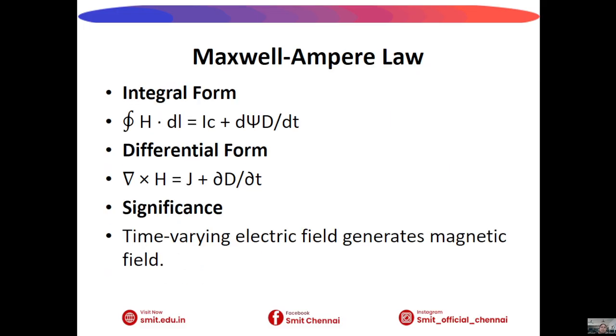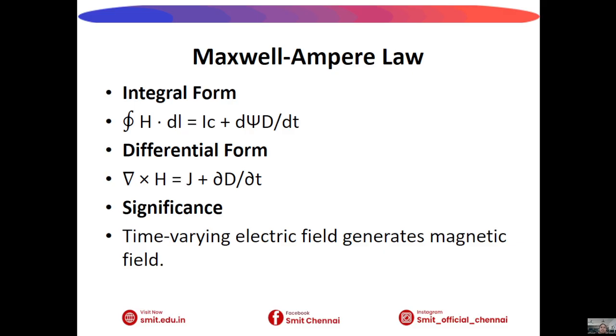Next, we see about the Maxwell-Ampere law. By incorporating displacement current into Ampere's law, Maxwell obtained the Maxwell-Ampere law. According to this law, magnetic fields are produced not only by conduction currents but also by time-varying electric fields.